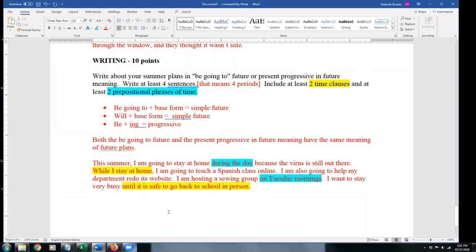Okay, so that has two time clauses, two prepositional phrases of time, the be going to future, the present progressive and future meaning, and at least 4 sentences. So when you are doing this, make sure you go back and read the instructions.